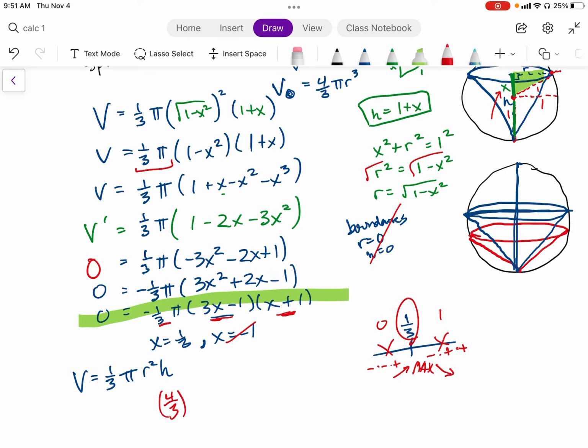R, remember, is square root of 1 minus x squared. So let's kind of do that on the side here. Scratch is square root of 1 minus x, we got 1/3 squared. So 1/9. So therefore r is square root of 1 minus 1/9, which is 8/9.